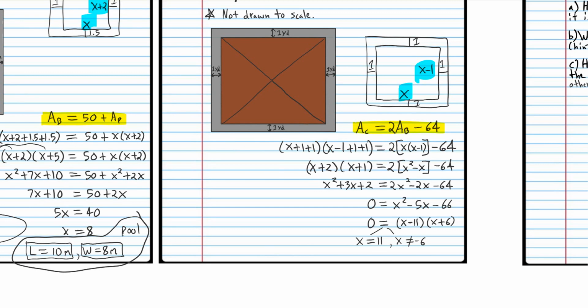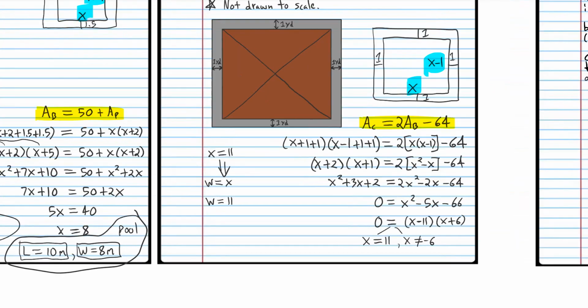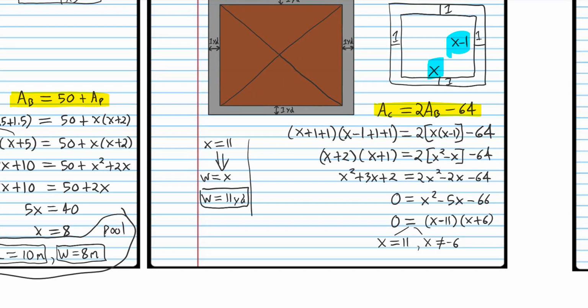So the dimensions of the house, that would just be, if you let x equal 11, then the width is equal to x. Therefore, the width is equal to 11 yards. And again, letting x equal 11, the length of the house would be equal to x minus 1.